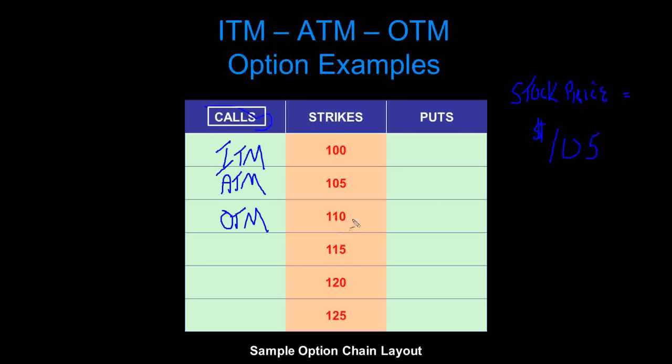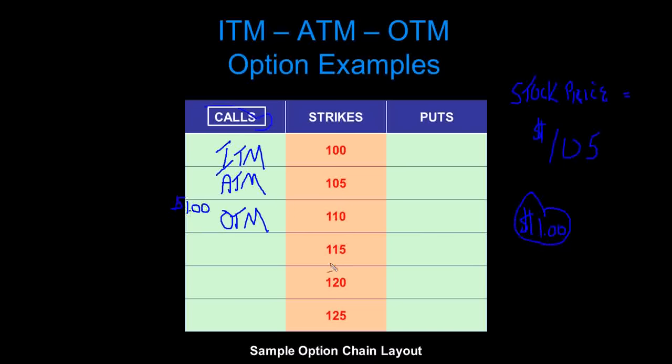There is some nominal value to that contract, and that value is determined by a number of things, which we'll talk about in a minute. But let's just say that thing cost me $1. If I were to pay $1 for this contract here, that entire $1 is out of the money. It's entirely out of the money.